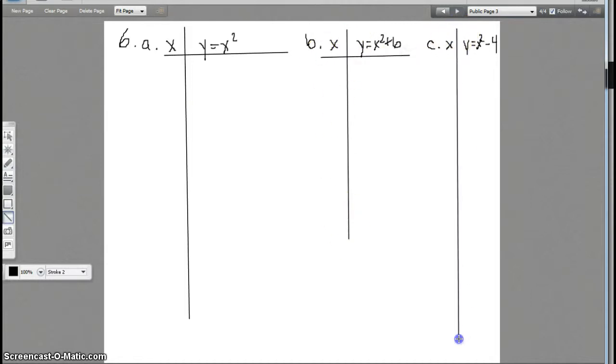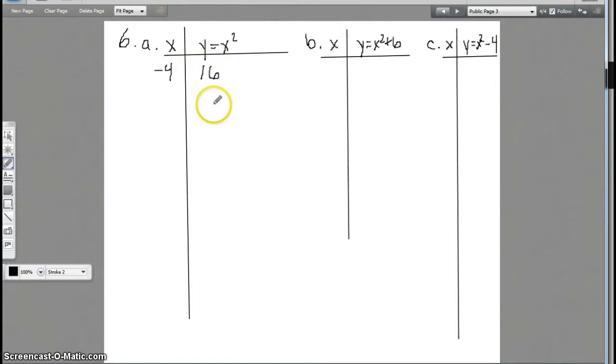Okay, so here we go. What we're going to do is graph these from negative 4 to positive 4. So I'm going to do number 6a first. For number 6a, if I let my x be negative 4, when we square it, it is 16.